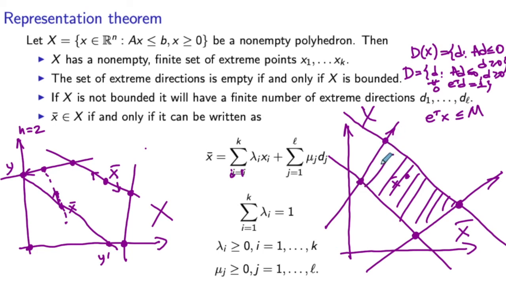So after we do this replacement, we will obtain exactly what we need here. Alright, so for multipliers for the extreme points of the original set, we will still have their convex combination, and then for the multipliers that we have here for the extreme directions, there will be just some non-negative mu j's, and as a result, we will obtain this representation that we were looking for. Alright, so this is just the idea of the proof, and we are going to skip the details.